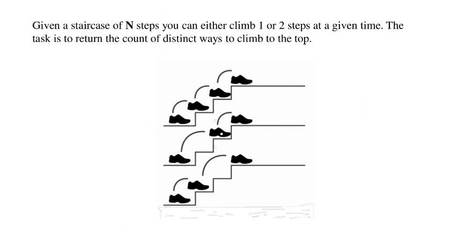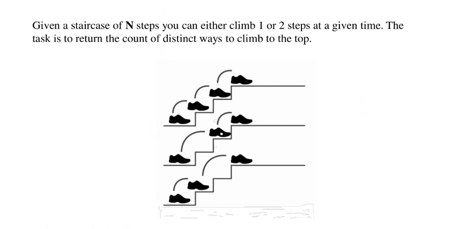Given a staircase of n steps, maybe 2 steps, maybe 1 step, maybe 10 steps. And of course, you can climb only 1 or 2 steps at a given time. That's it. For these n steps, you can take only 1 step or you can take 2 steps at a time.